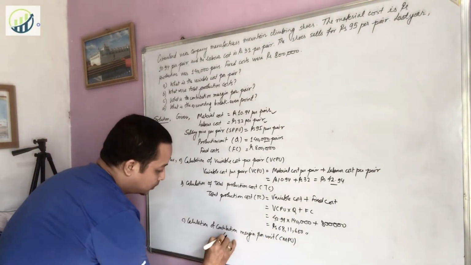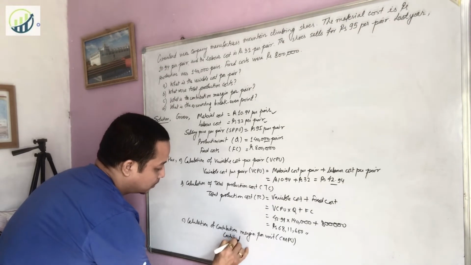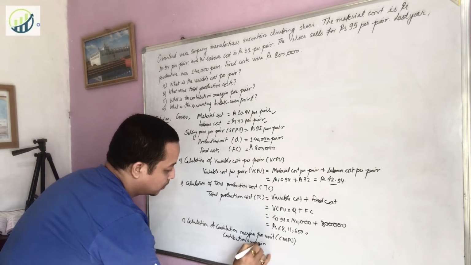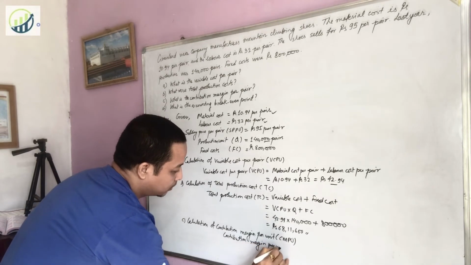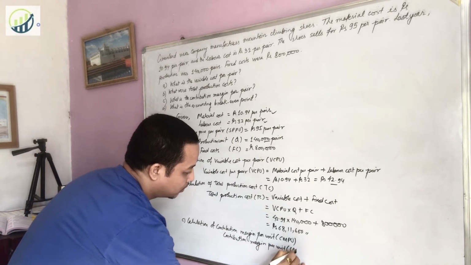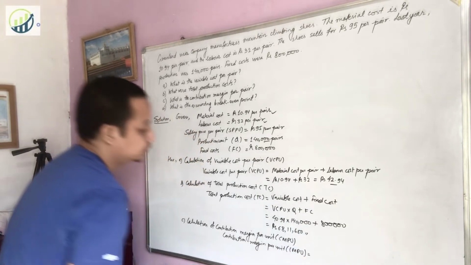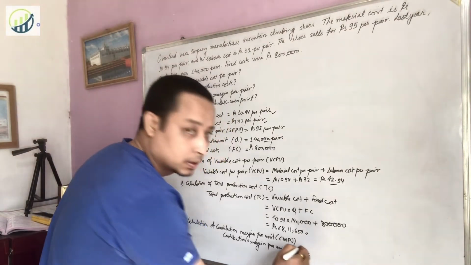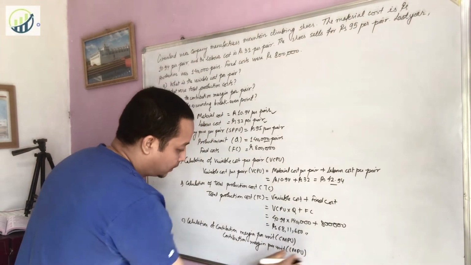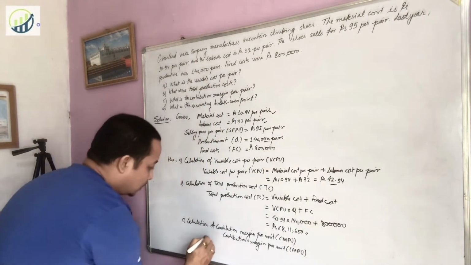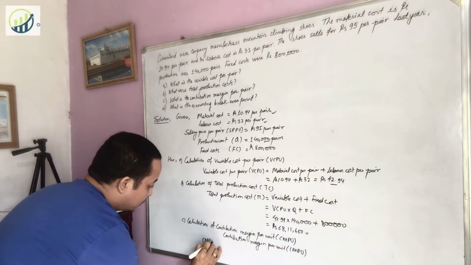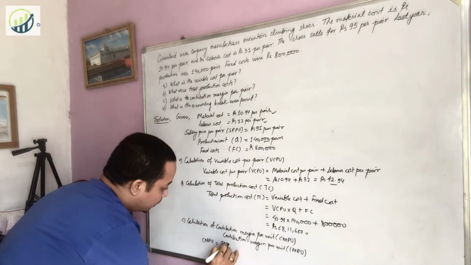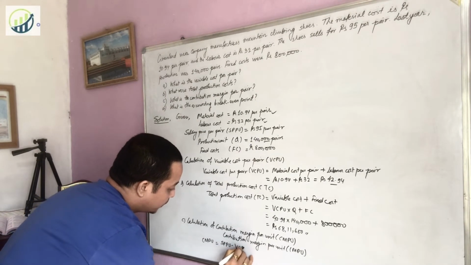So contribution margin per unit is equal to selling price per unit minus variable cost per unit.